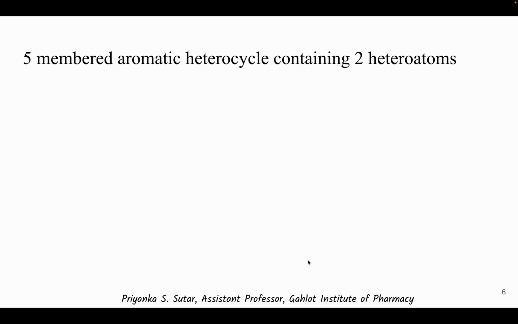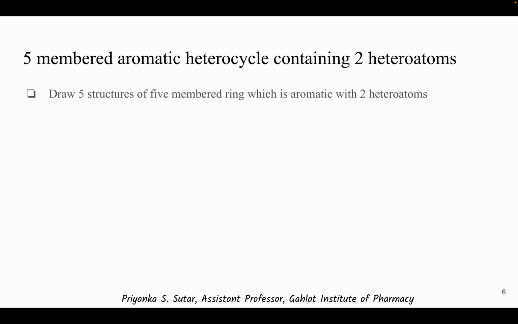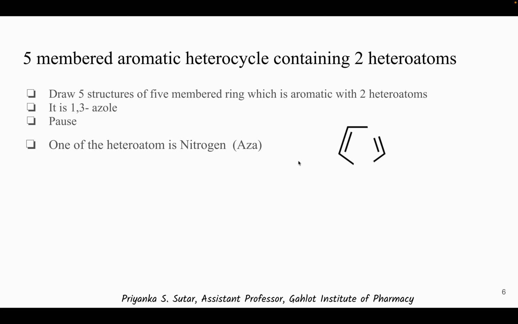So let's have a look at the second structure, which is a 5-membered aromatic ring with 2 heteroatoms, and the second structure is 1,3-azole. You can pause the video and write the structure. It must be looking like this. It is a 5-membered ring which is aromatic, and it contains 2 heteroatoms at first and third position.